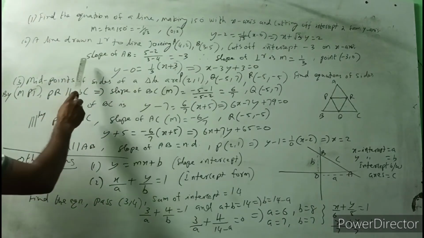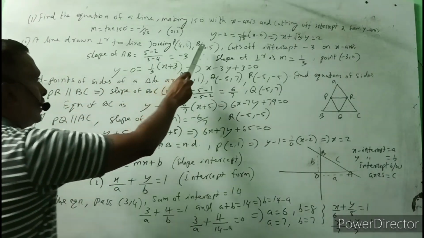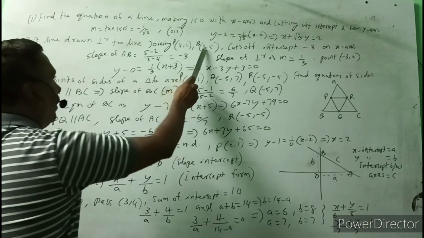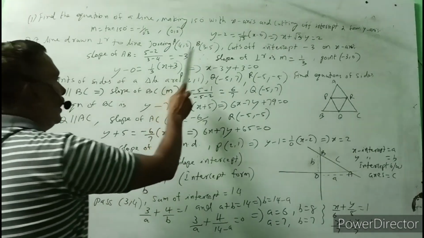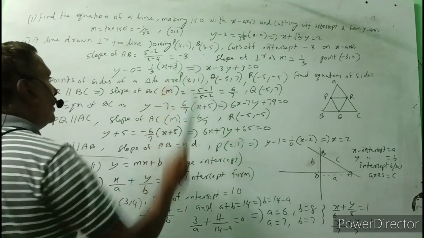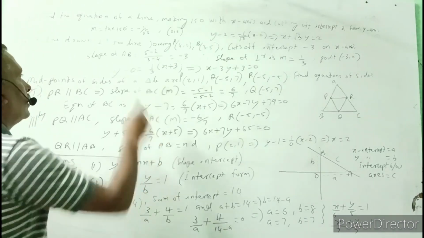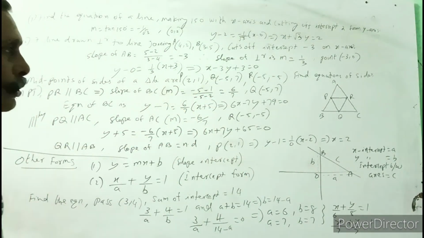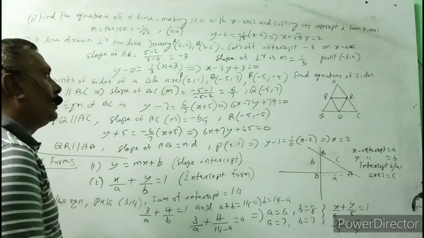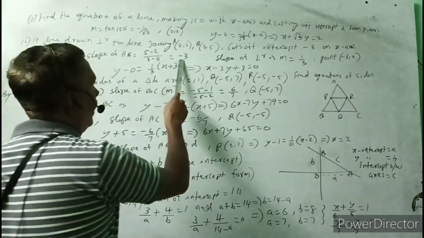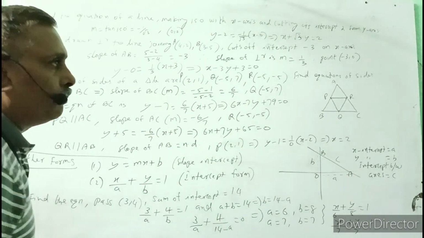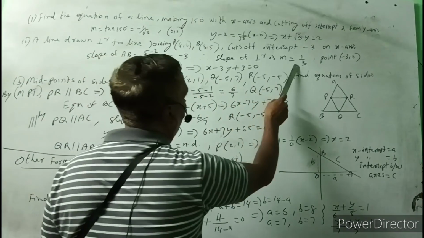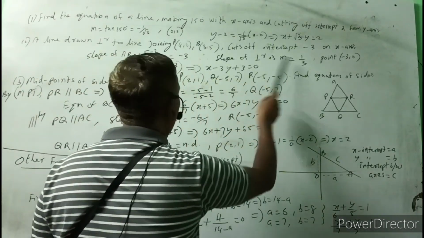So here you will get the slope of AB as minus 3, using y2 minus y1 upon x2 minus x1. So the slope of the perpendicular is, as we studied, such that the product of the slopes is minus 1. So which number, when multiplied with minus 3, gives minus 1? So minus 3 into 1 by 3; it's the negative reciprocal.